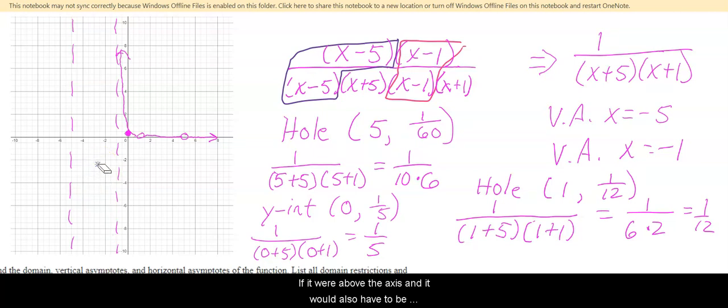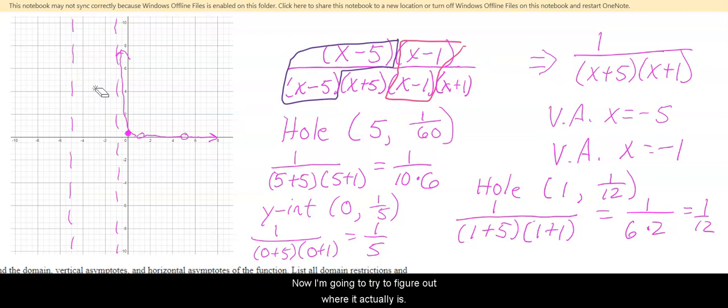If it were above the axis, then it would also have to be somewhat parabolic in shape. Why can't it be like a cubic and stretch across the x-axis? Again, it cannot because I have 1 in the numerator of the reduced fraction, which tells me it is impossible for that graph to ever hit the x-axis.